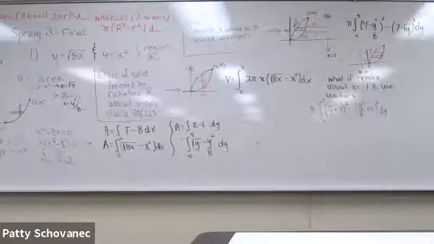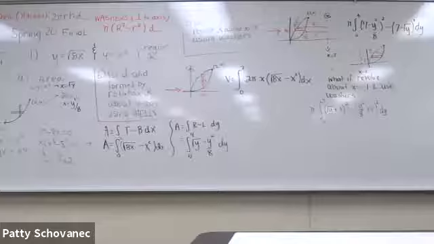Okay, a cylindrical tank, so it's shaped like a can, has a radius of 4 feet and a height of 10 feet. Draw a can, radius 4 feet, height of 10 feet. It's filled with a liquid, and we're going to pump the liquid to the top of the tank. The liquid weighs 70 pounds per cubic feet.